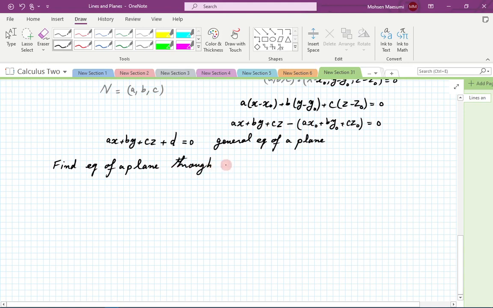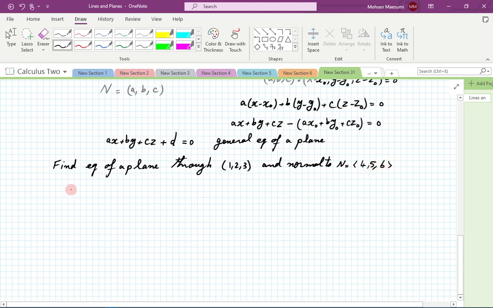So again, let's suppose the plane goes through 1, 2, 3, and is normal to the vector. So now this is a normal vector. Let's call it maybe 4, 5, 6.